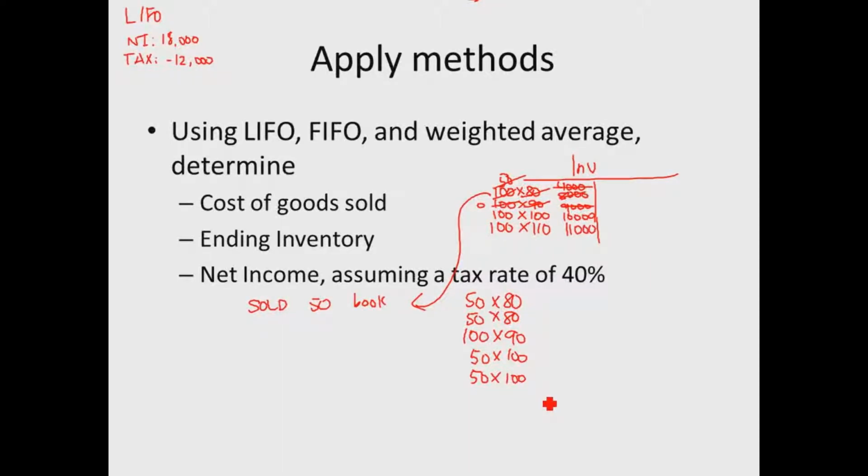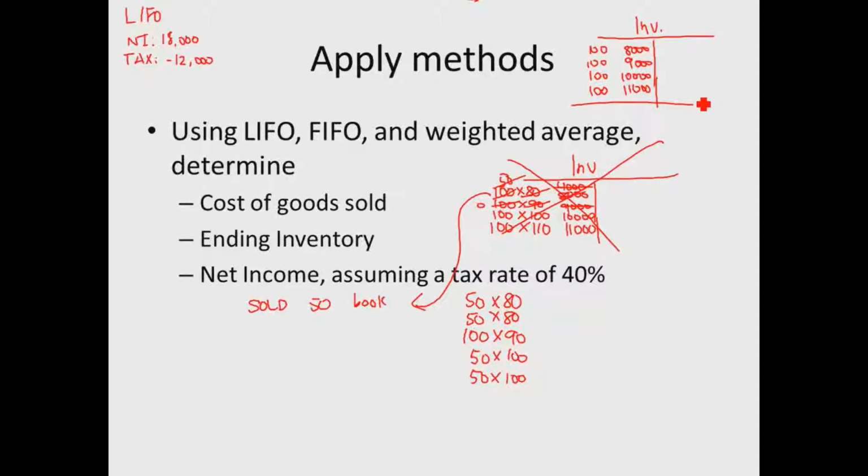Okay, how else could I think about this problem? Well, I had inventory. I had 100 units of each of these things: 8,000, 9,000, 10,000, 11,000. And now I'm telling you I have 400 units that I could have sold the whole period, and I only sold 300 of them.